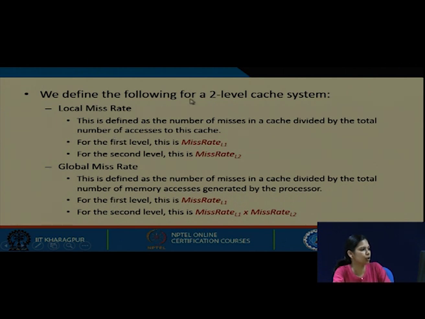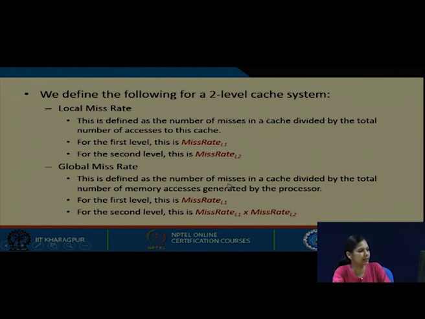So, we define the following for the two level cache system here. One is called local miss rate. This is defined as the number of misses in a cache divided by the total number of accesses to this cache. So, for the first level, this is miss rate of L1, and for the second level, this is miss rate of L2. Now, what do we mean by global miss rate?